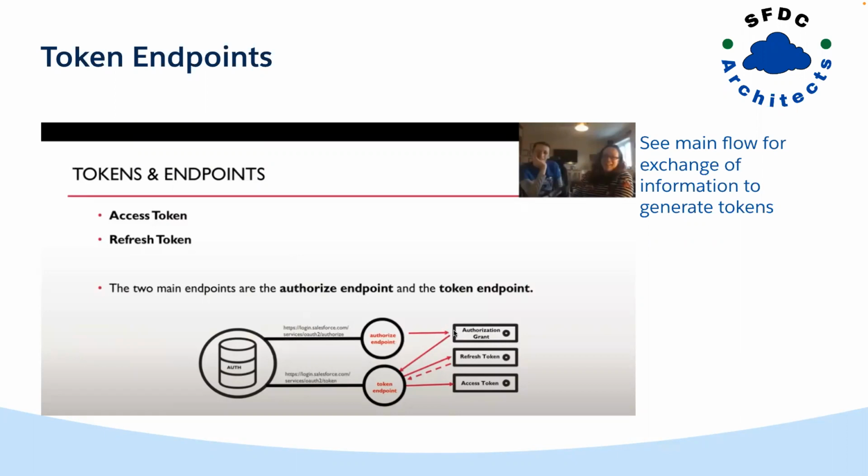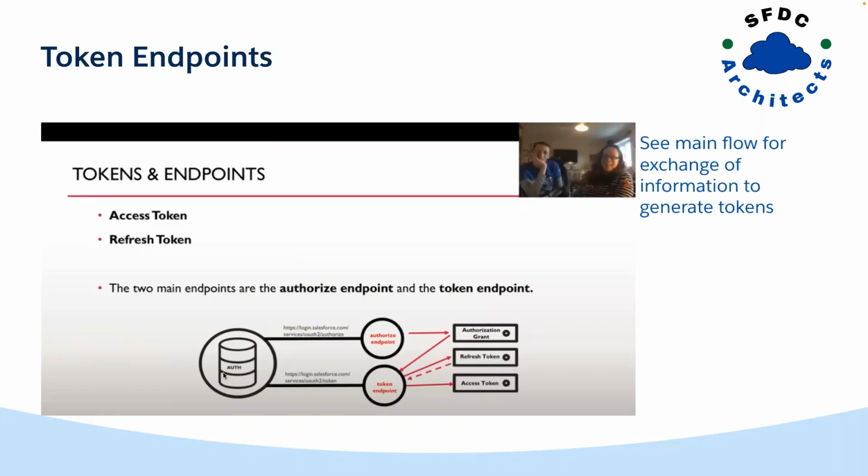Once you have this done, you get an authorization code. And that authorization code, which is an authorization grant that she has here, can be exchanged for an access token. And you do that at the token endpoint.